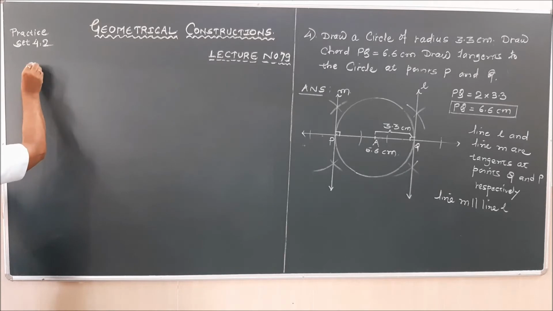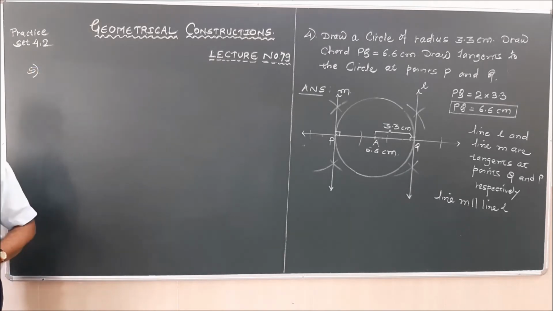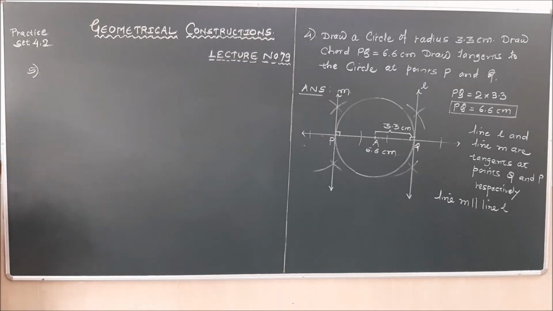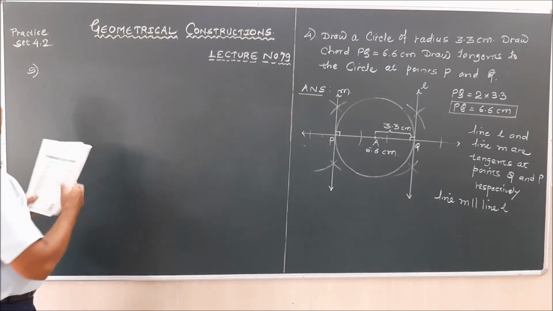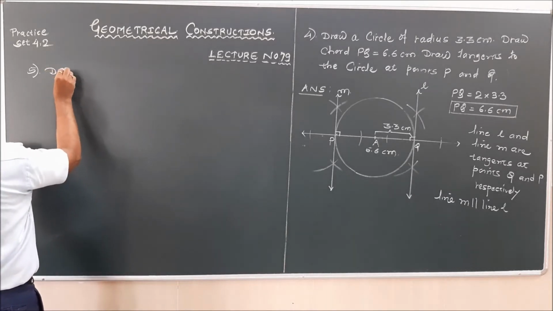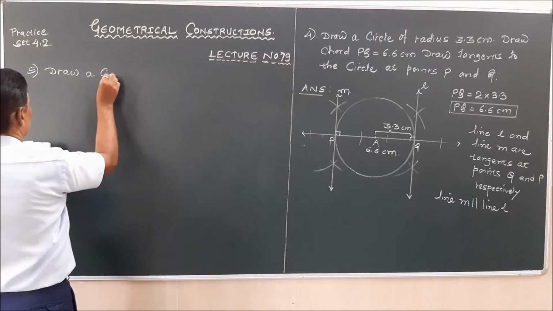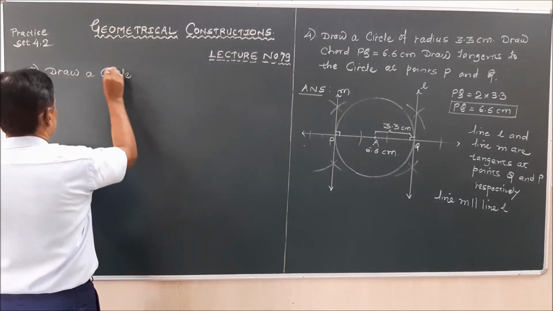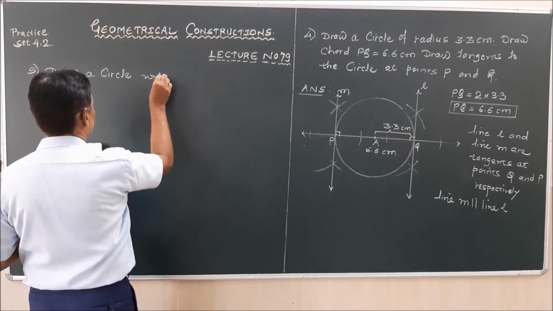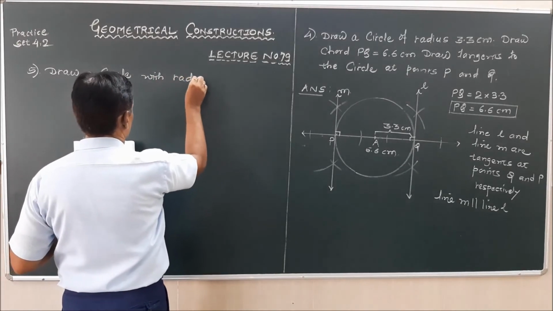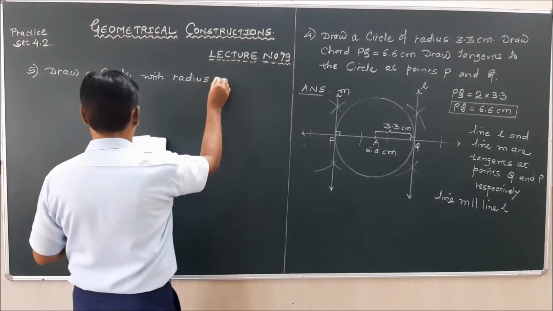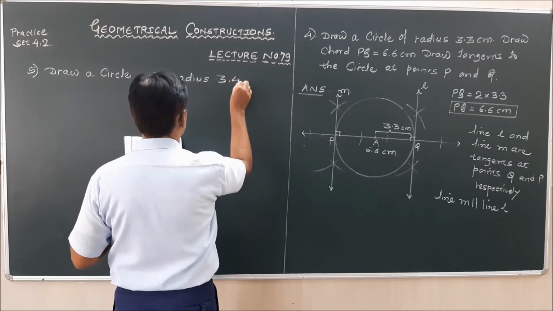So see here, question number 5. Question number 5 is: draw a circle with radius 3.4 centimeter.